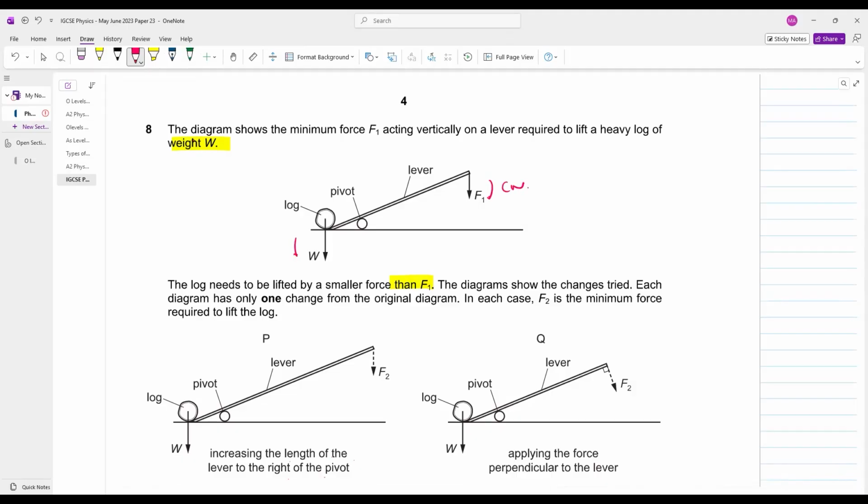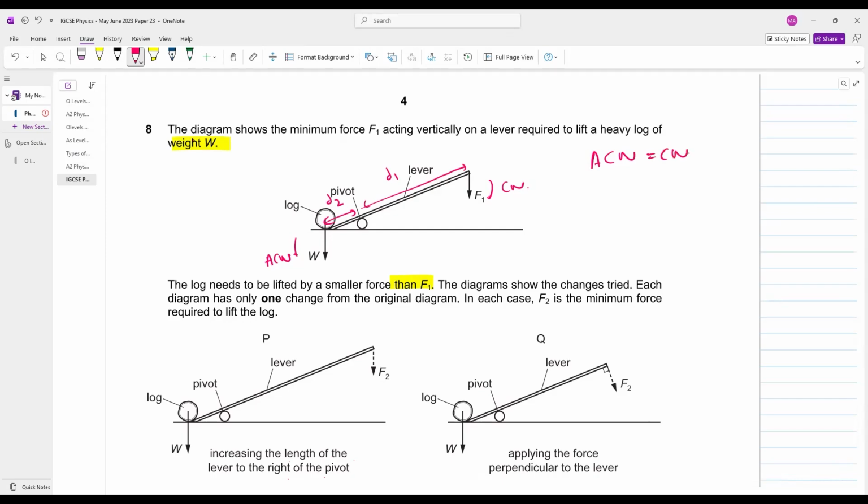This is weight W that is generating an anti-clockwise moment. This is the distance between force F1 and the pivot, D1. This is the distance between the weight and the pivot, that is distance D2. If you want to lift the log, the anti-clockwise moment should be equal to the clockwise moment.